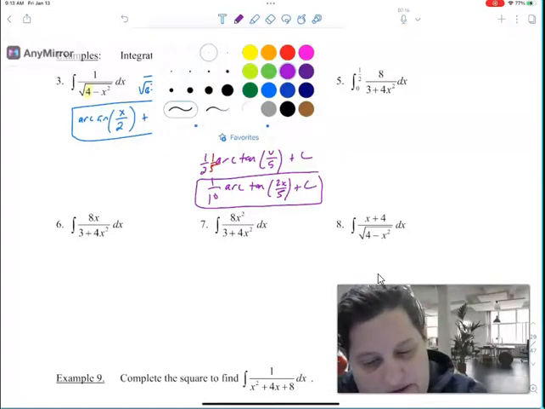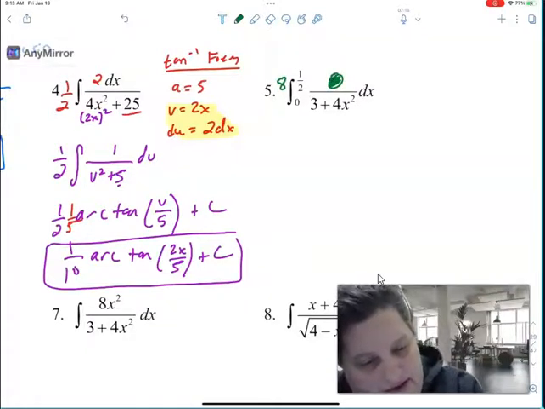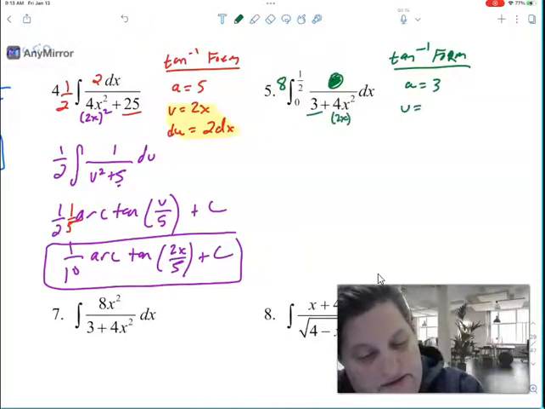Let's try another one. This is tricky. Okay, so first of all, that 8, I don't even need. I'm going to bring that out right now. All right. This is an inverse tan form where a is 3, right? And u is, again, just 2x.